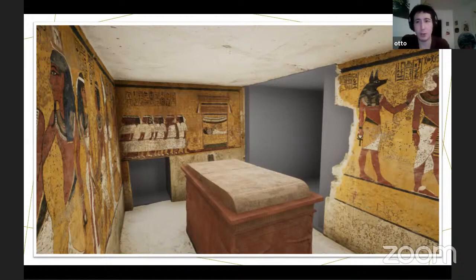So trying to use game engines to fully display the quality of 3D model that we're getting without having to physically reproduce it, photogrammetry has played a big part in.